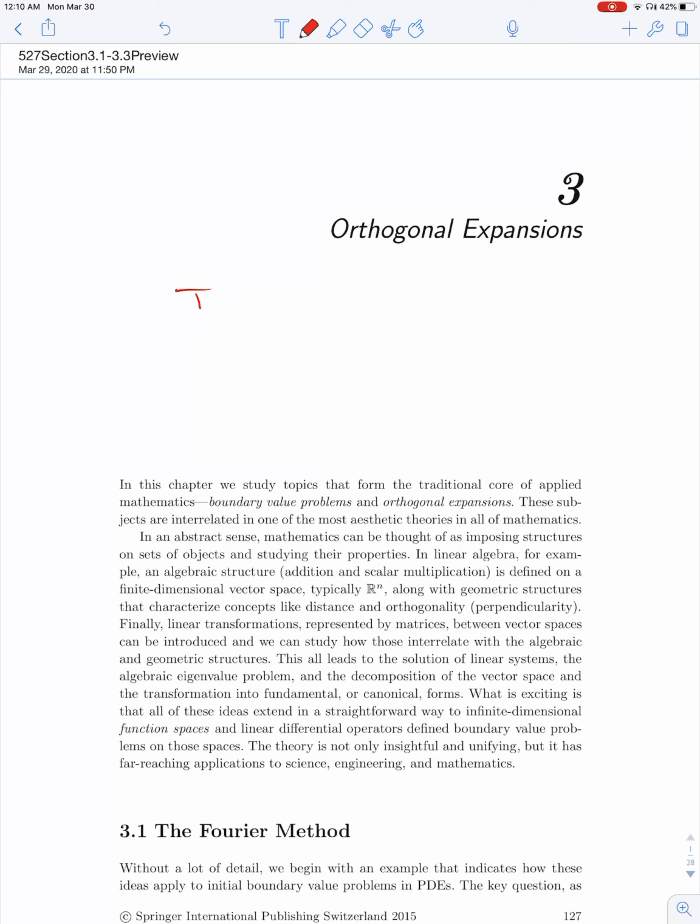In Taylor expansion, we expand a function f(x) as a Taylor series.